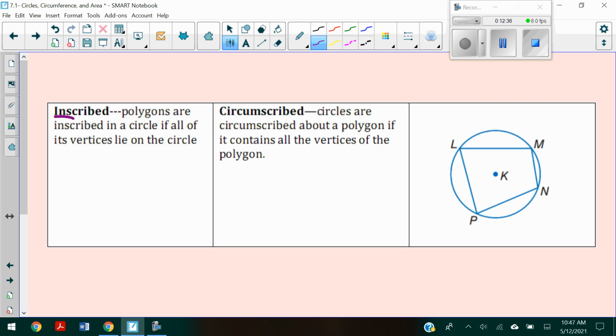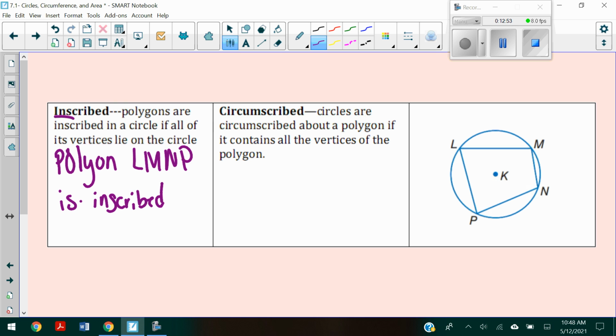So if we look at this diagram to the right, we could say polygon LMNP is inscribed in circle K. That polygon is inside the circle.